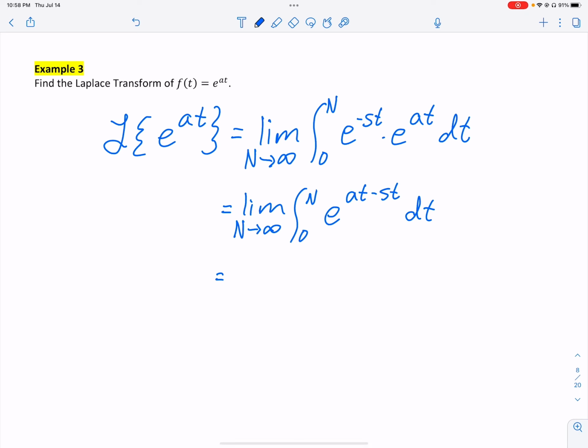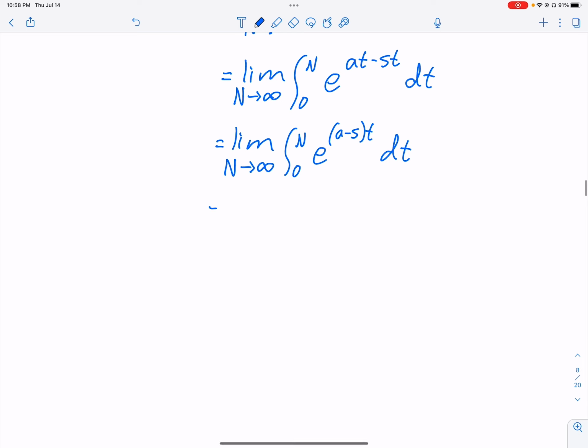All right, I'm going to rewrite again. The limit as n approaches infinity of 0 to n, and this is e, and I'm going to factor out a t here. So I get a minus s t dt. Okay, I can now actually take my integral. This is a u sub. If you need to, let that top a minus s t be your u. We can kind of see this if you look at numbers here.